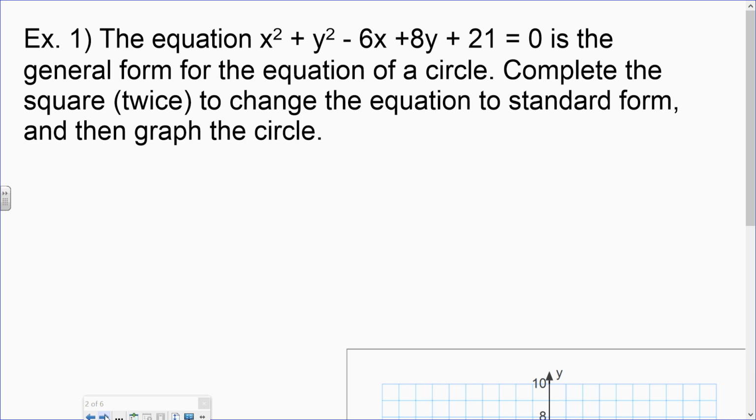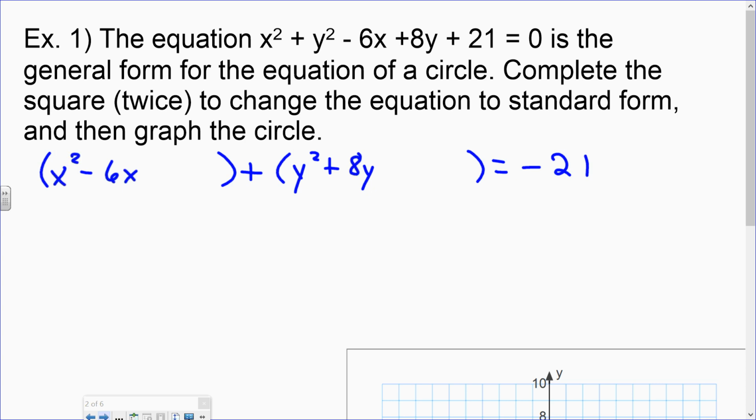So when we are doing these, we need to get the x's together, x squared minus 6x, and leave a space. Then we need to get the y's together, y squared plus 8y, and leave a space. And then get all of the numbers on the right-hand side, negative 21.